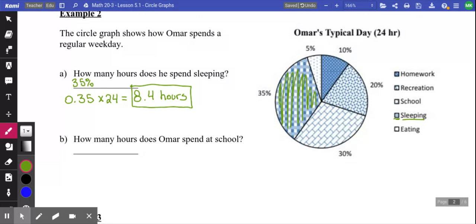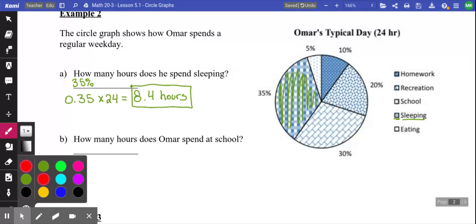So for B, when it says how many hours does he spend in school a day, school is this one, which I think is this empty brick one. It's 30% of his day, so 30% as a decimal is 0.3. We times that by the 24 hours in a day, and 0.3 times 24 is 7.2 hours a day in school.